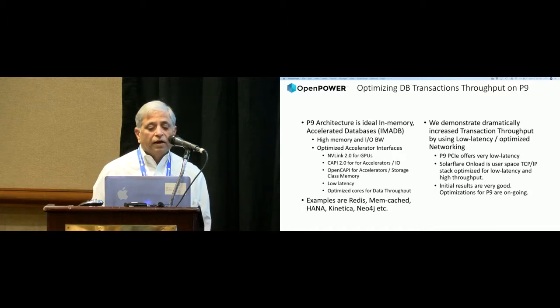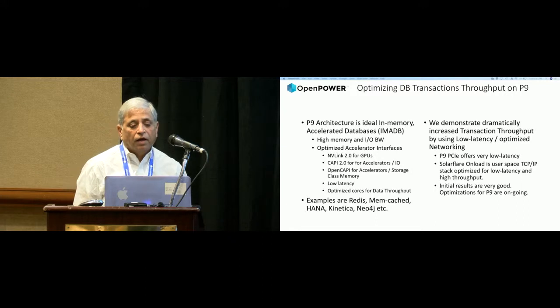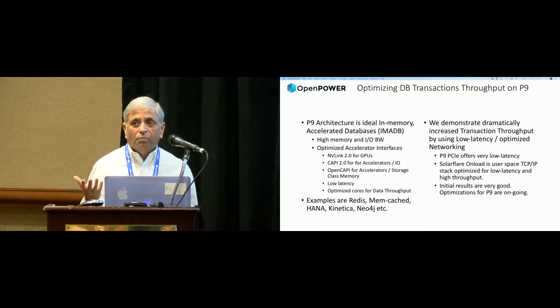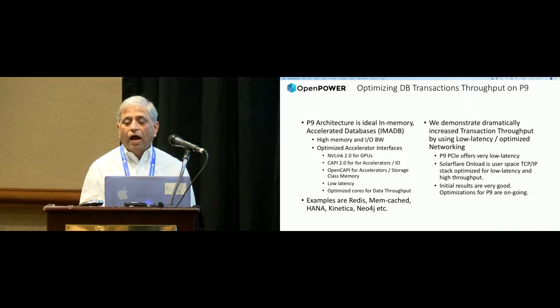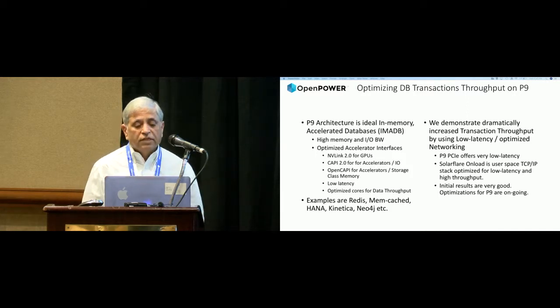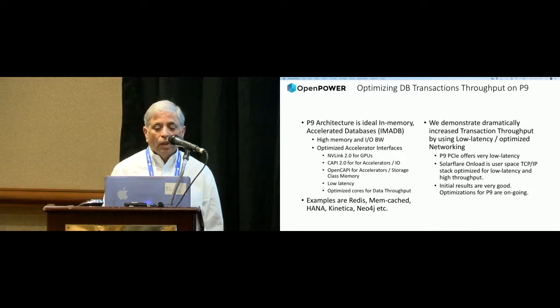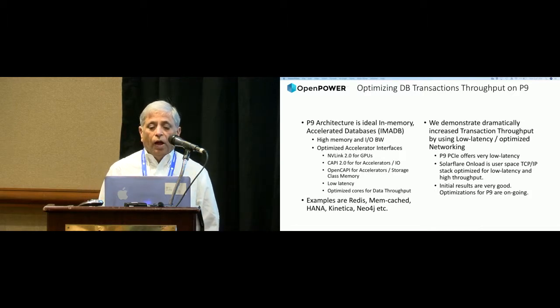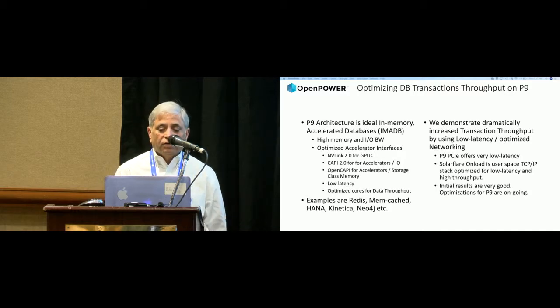Examples are Redis, Memcached, HANA, Kinetica, Neo4j. We had MapD, and lots of databases that could be used with high transaction rate. So we do show we can increase throughput by using low latency networking.